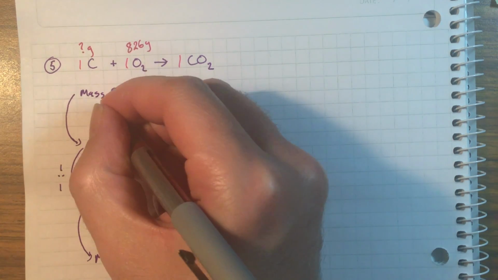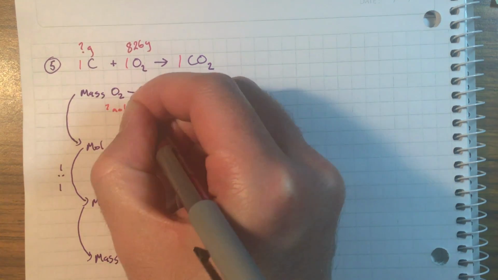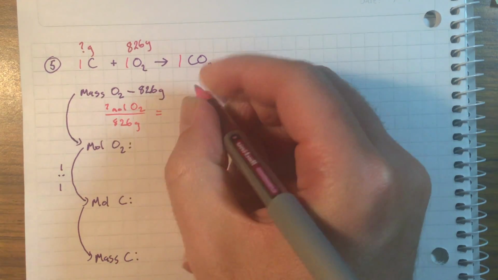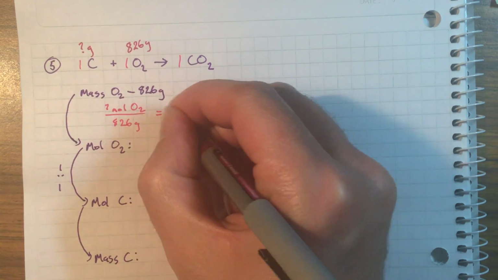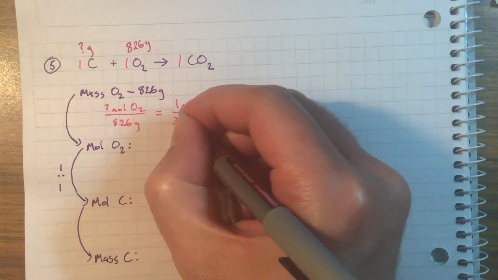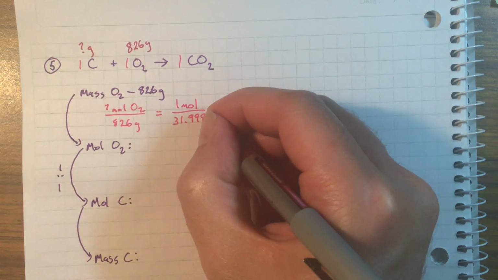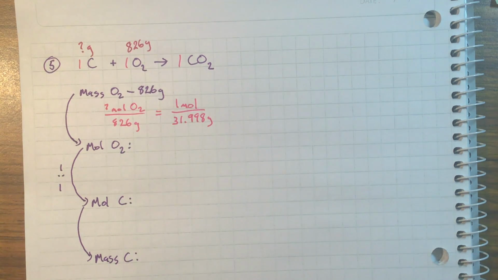Then we're going to go to our mass of C using our molar mass. First one, how many moles of O2 are there in 826 grams if 1 mole has 31.998 grams? Right, that's 15.999 times 2 is 31.998.